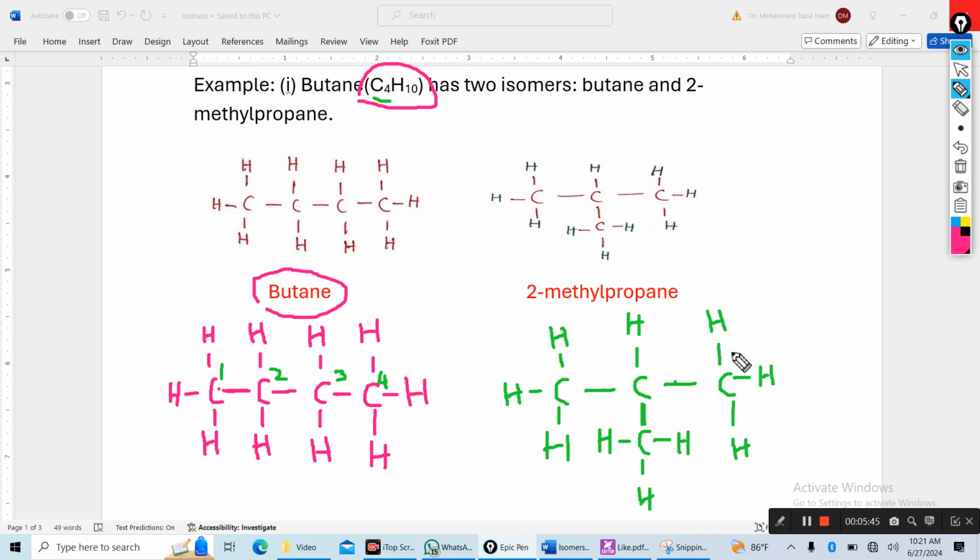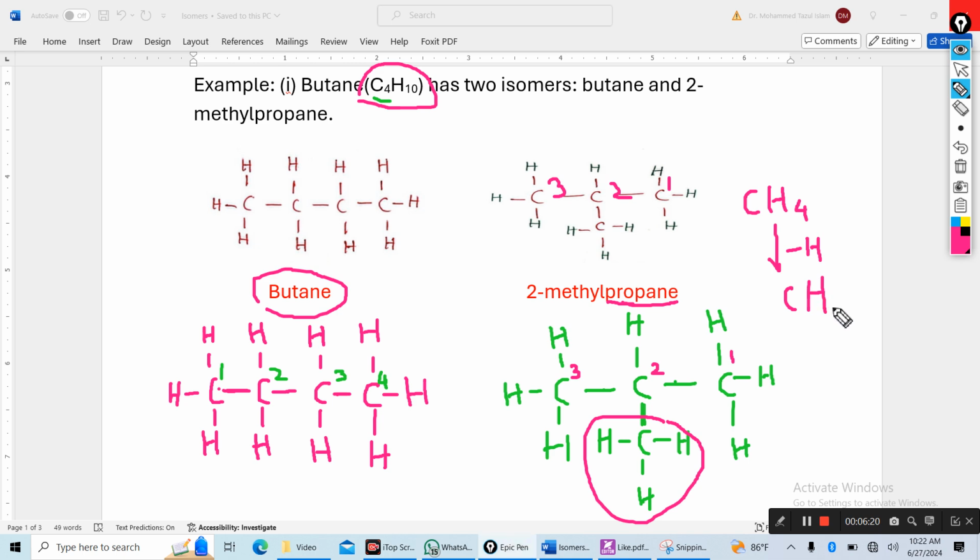So this 3-carbon alkane is propane. But number 2 carbon contains 1 methyl group. CH4 is methane, and when 1 hydrogen is removed, it forms CH3. The CH3 group is named the methyl group. So number 2 carbon contains 1 methyl group.